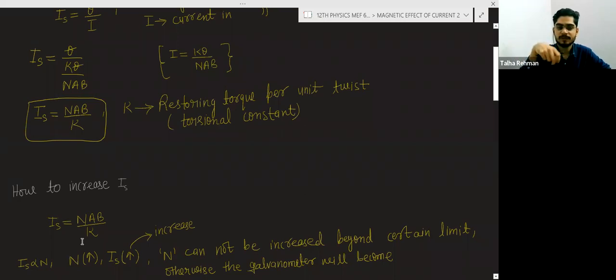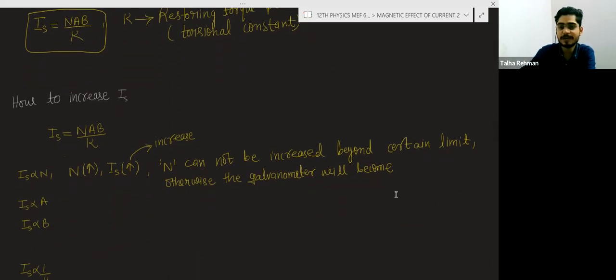But on increasing the number of turns, the current sensitivity will increase. But here, if you increase the number of turns of the coil, then your galvanometer will become bulky. Bulky means the size of the galvanometer may increase.